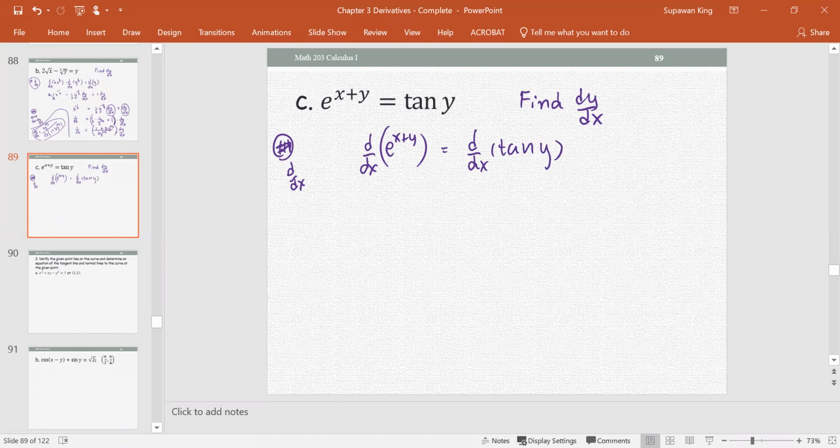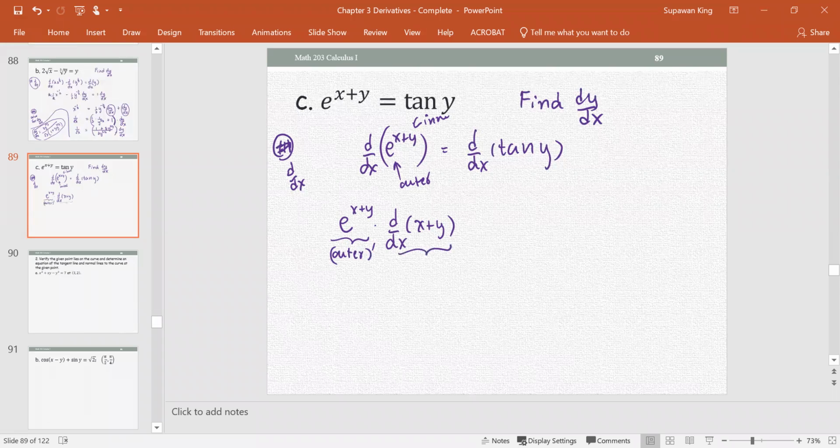The left-hand side, we have e to the power x plus y, and this is the composite function of the exponential and x plus y. We treat it by using the chain rule. e is the outer function, x plus y is the inner function. We have e to the x plus y as the derivative of the outer function multiplied by the derivative of the inner function.